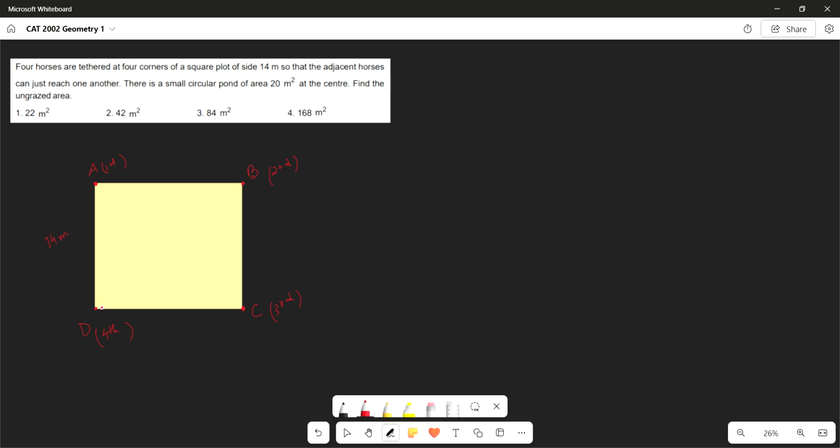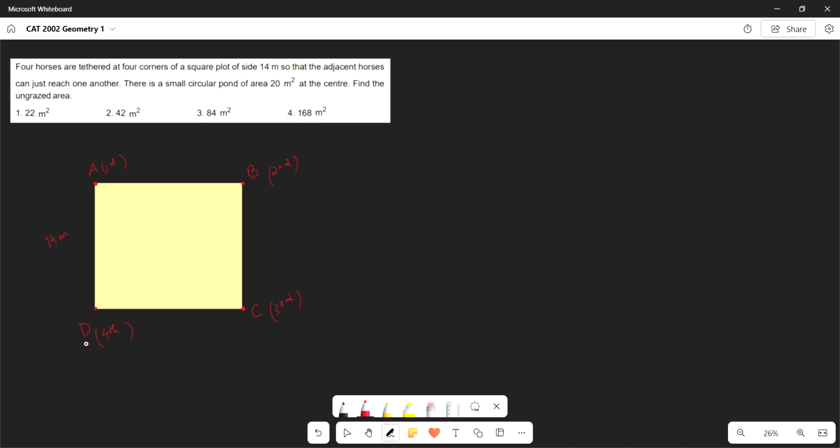So consider the horse which is at vertex D. Now if the horse has to just reach the horse at A, the minimum length must be 7 meters.